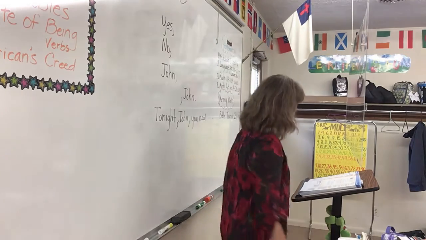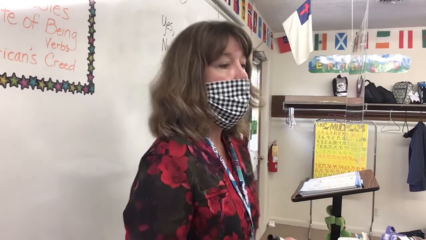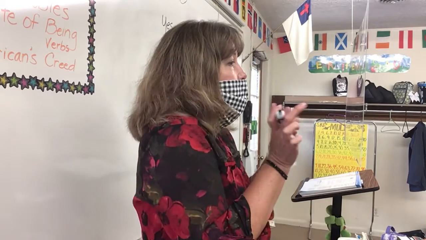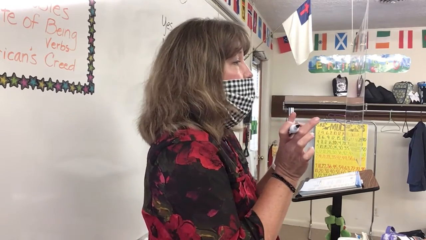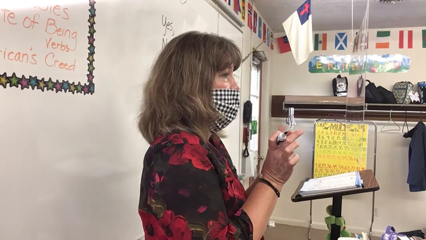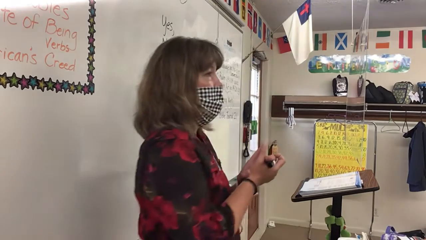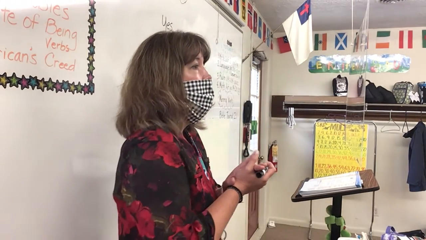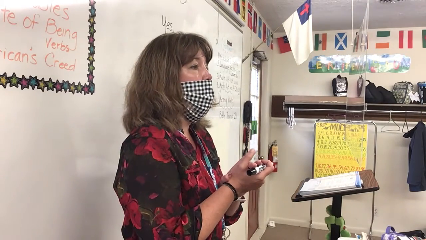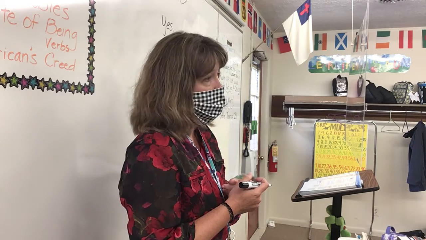Okay. And then the other way we learn how to use a comma is when we're joining two sentences together with a joining word. And I believe we did these in your journals. Okay, so for instance, if you say, we were going to go to the carnival, but it rained.